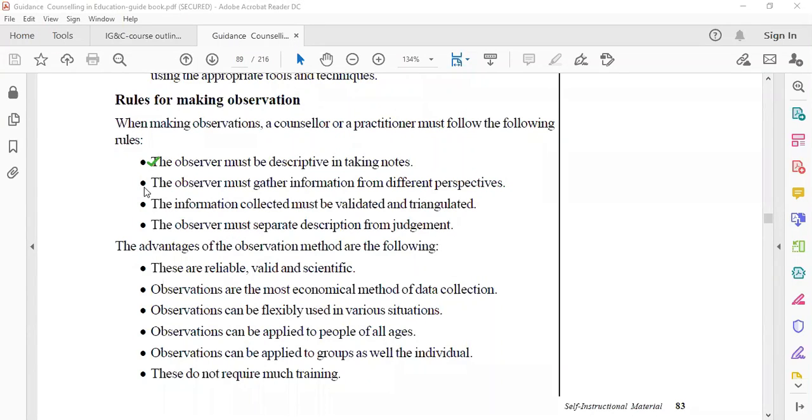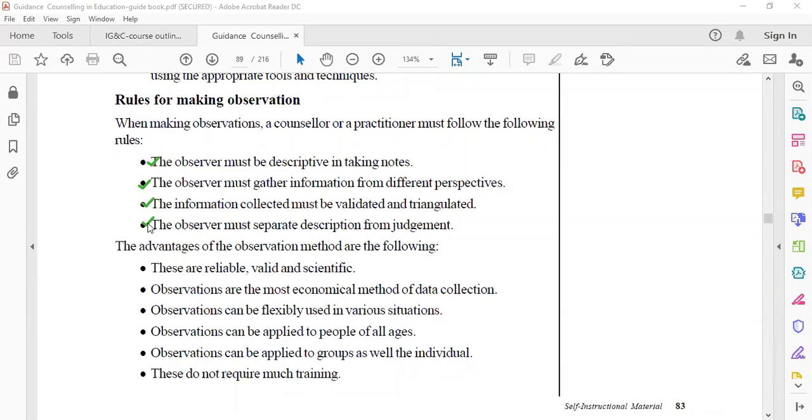Validated and triangulated means that if a single person observes, possibly he will miss some aspect of that information. But if the number of observers is increased, say two or three observers of the same phenomenon, then our observation is more valid and it will be triangulated. This process is called triangulation, when we cross-check our information through other means as well.